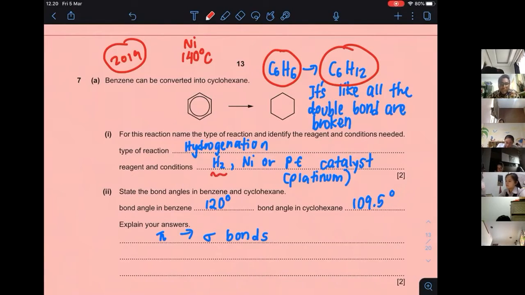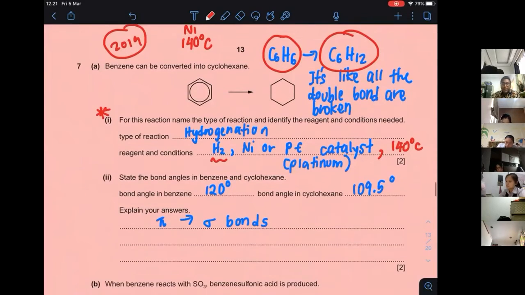They didn't give the condition, but you can write down 140 degrees, because we know that benzene is kind of unreactive. So even though you use the catalyst, it's better to also include the 140 degrees. They didn't give this in the marking key, so you may want to take note. We have learned this under alkene.